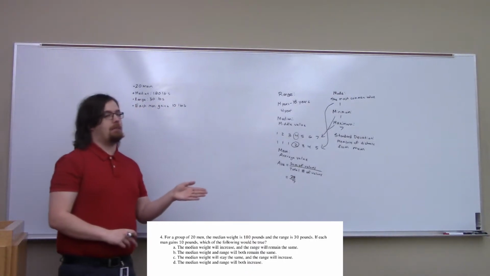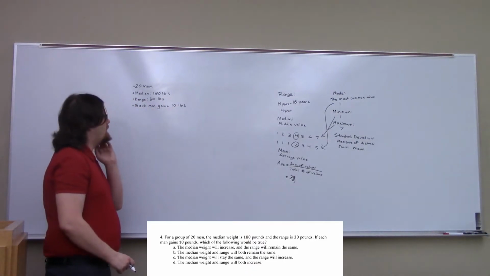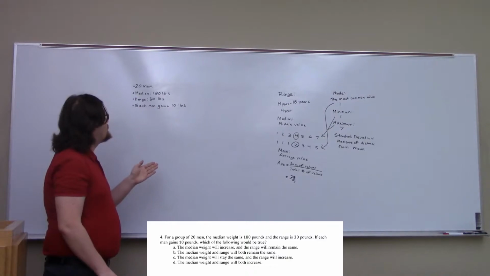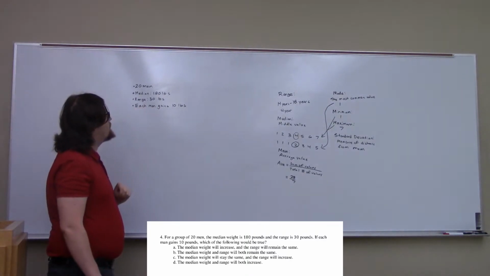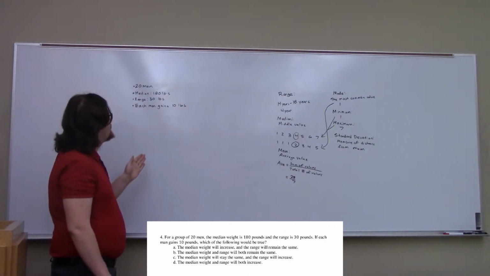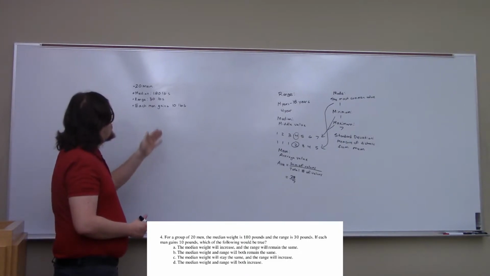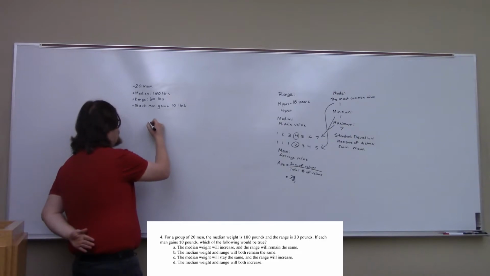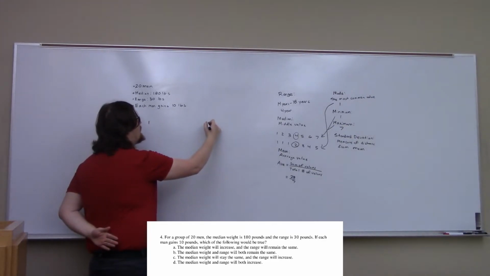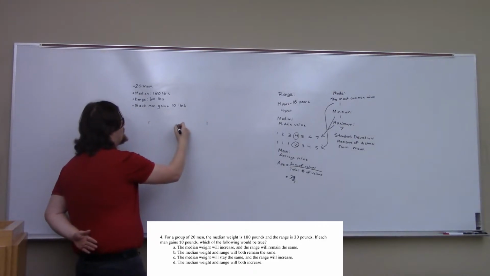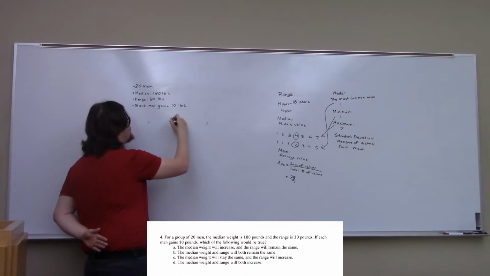Alright, so with all of that background information out of the way, we now have a basic idea of what the median and the range mean. So if we have the simplest possible case where median is our center value and we have a range of numbers, we'll say our starting value and our ending value, where median is in the middle, that's 180 pounds.